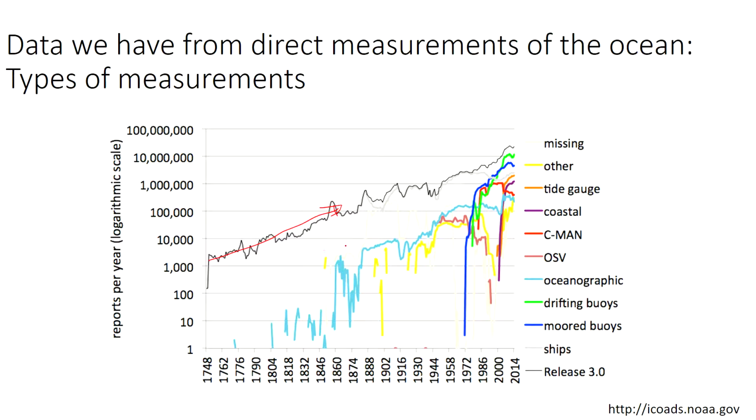Just to point out that all the coloured lines on here are the different types of observation or measuring platform. The black line at the top is the total, and the grey line, which is here, is measurements from ships.